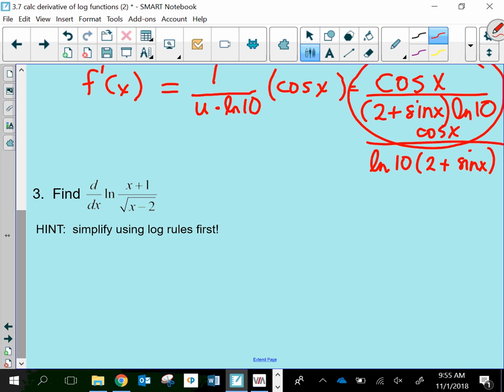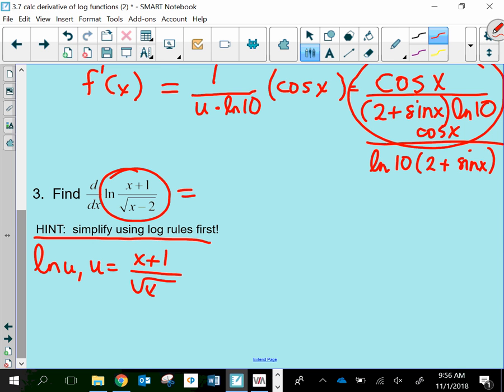Okay, we're looking for the derivative of the ln of this mess. It says to use the log rules first. Okay, so this is my function. All right, this is division. If I didn't follow my hint, which is always a bad idea, you'd have a quotient rule and a composite rule, right?